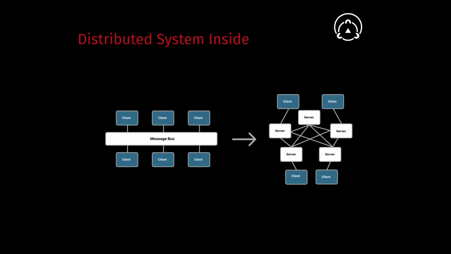I've laid out what a typical message bus might look like, where instead of just the message bus being a common middleware here, it's actually comprised of many different components.